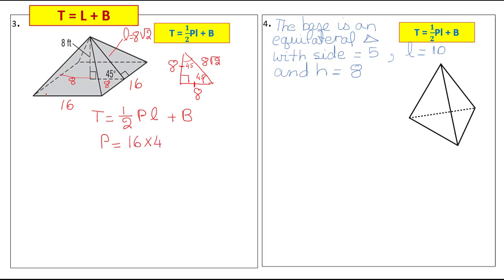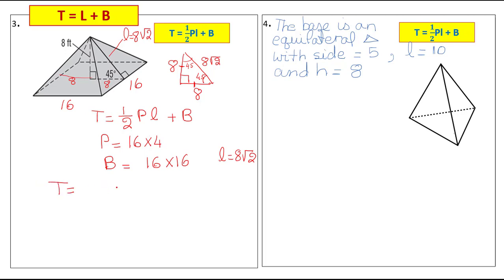Because I have 16 plus 16 plus 16 plus 16. It's a square. And our base area is equal to 16 times 16, or 16 squared, and my lateral height is equal to 8 root 2.